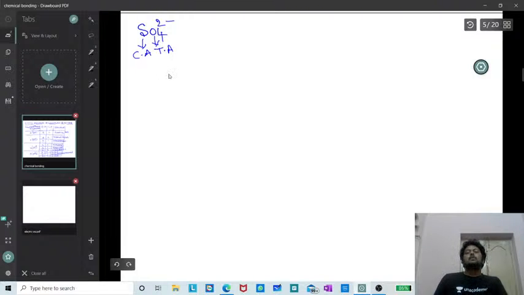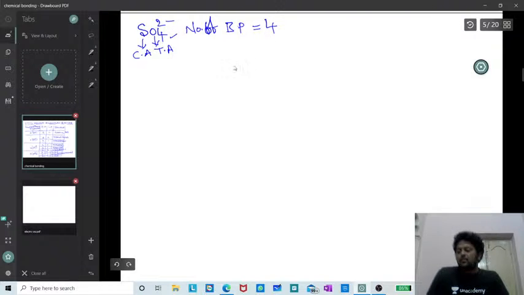Okay. So what is the number of bond pairs? How many oxygen atoms are present in this formula? 4. So the number of bond pairs is 4. Next, the number of lone pairs, which we don't know.